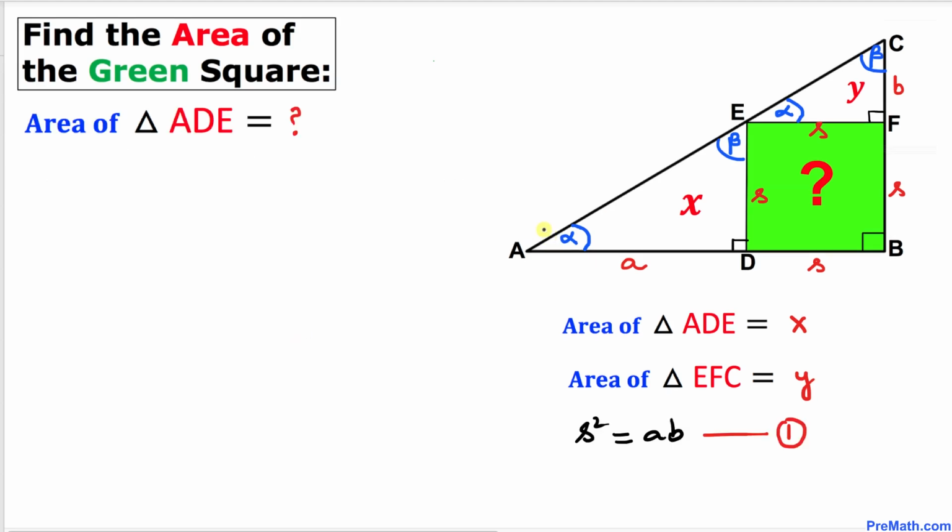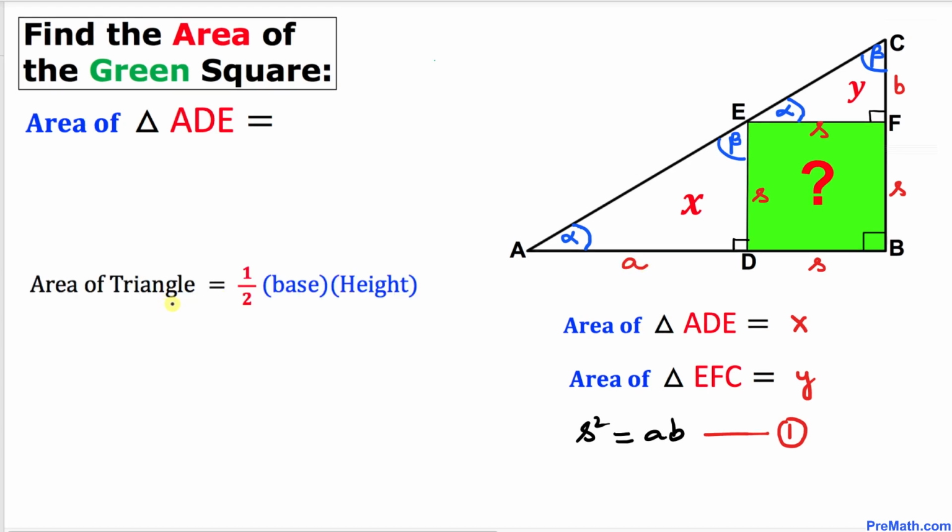And here's our next step. Let's calculate the area of this triangle ADE in terms of its side lengths. Here's the area of a triangle formula: area equals a half times base times height. For this triangle, our base is a and the height is lowercase s, so that gives us a half times a times s.